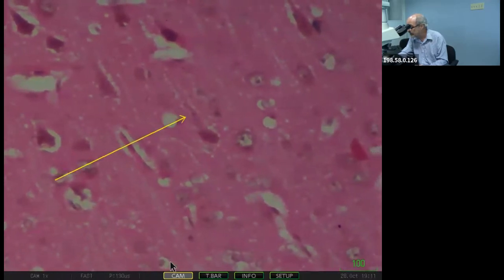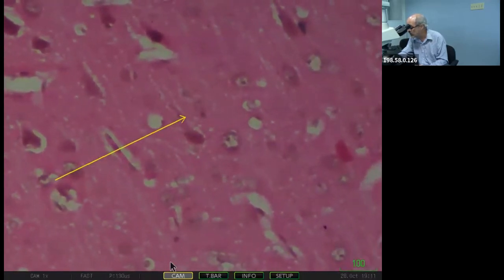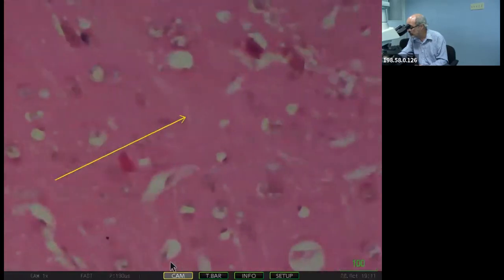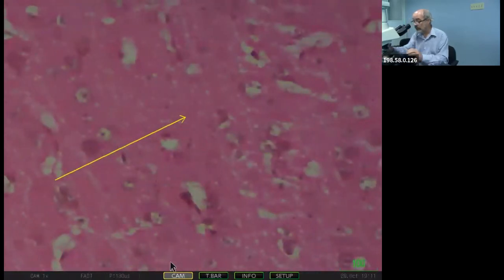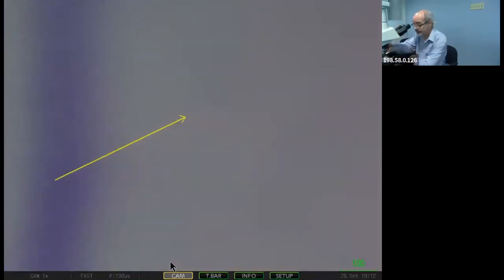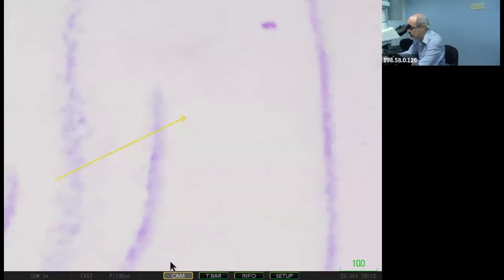The main part for you for this year is to remember the pyramidal cells in your cerebrum. However, as we said, I don't even want to show you this one or this one. You have other staining, and this one was a hematoxylin and eosin staining. Okay.